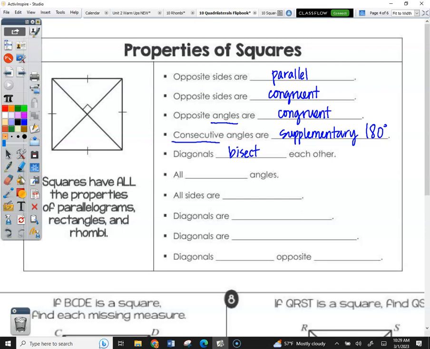Okay, so let's refresh your memory. From a rectangle, what do you know about the corner angles? They're all right angles. And what does the word right associate to what number? 90. 90 degrees. Also, like a rhombus, all sides are congruent.